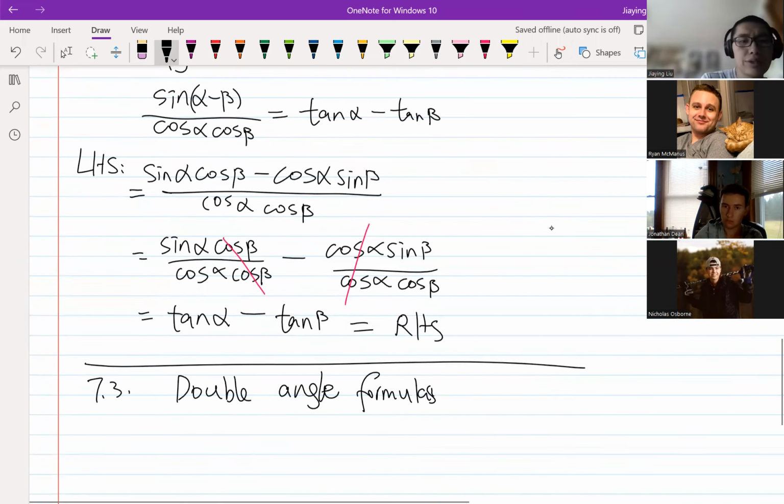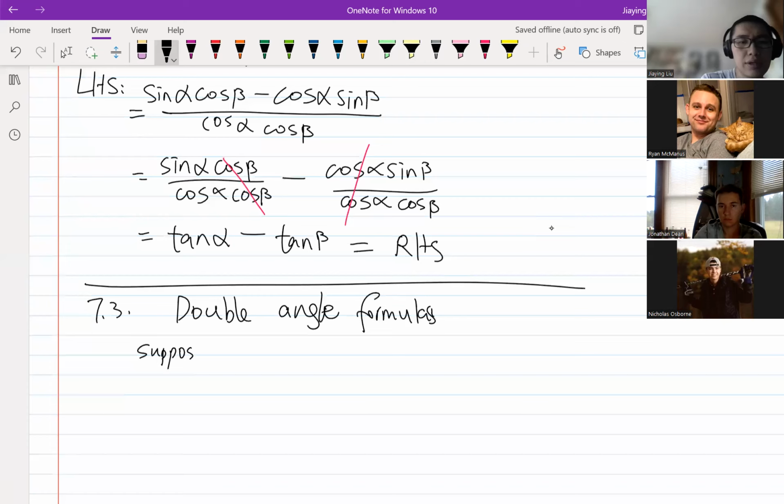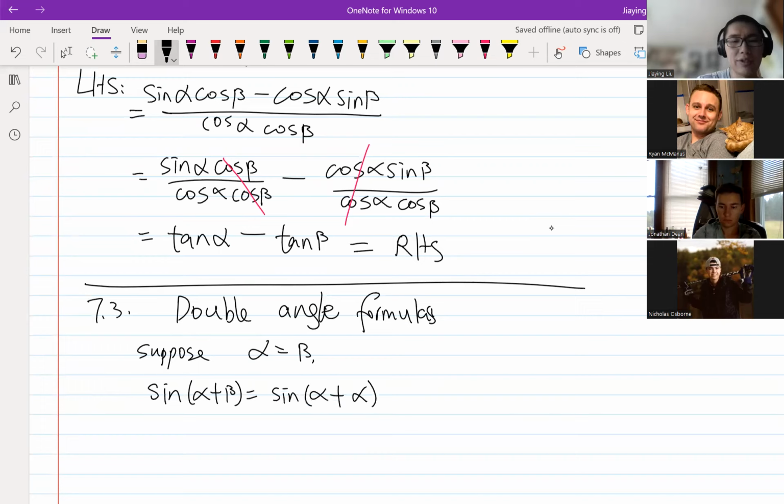So suppose we have alpha equals beta. They're the same. So sine alpha plus beta is equal to sine alpha plus alpha. So that's going to be sine 2 alpha, right?